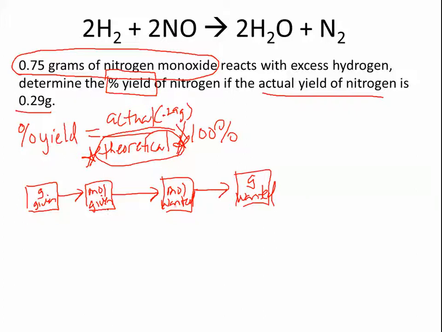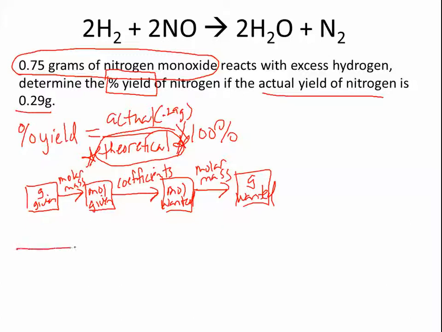And so this is our game plan. This is what you need to know. To go from grams given to moles given, we're going to have to use the molar mass of the given. To go from moles given to moles wanted, that's where we use the coefficients. And then to go from moles wanted to grams wanted, we're going to have to use the molar mass of what we want. So let's set this problem up.